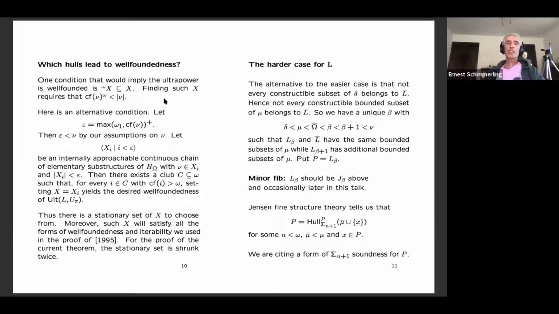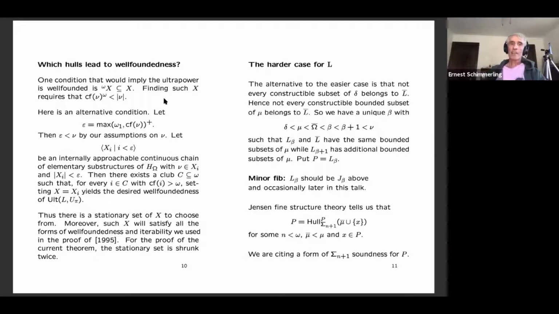There's a stationary set of X's that work. I'm going to describe what the stationary set looks like with the bias towards the more complicated theorem below a Woodin cardinal. You might be able to get away with less if you're just interested in L. But let epsilon be the maximum of omega 1 and the cofinality of nu plus.